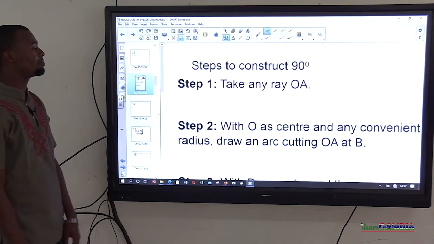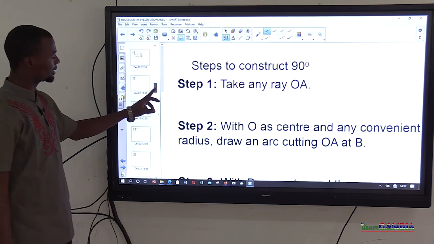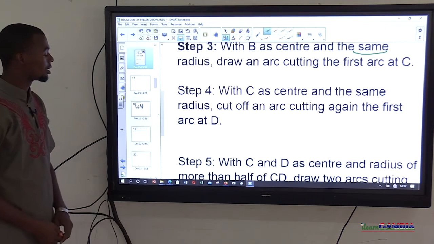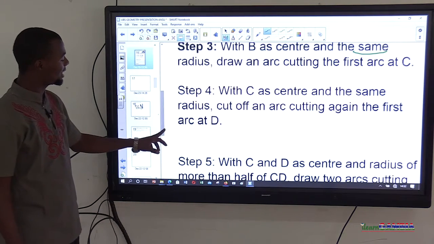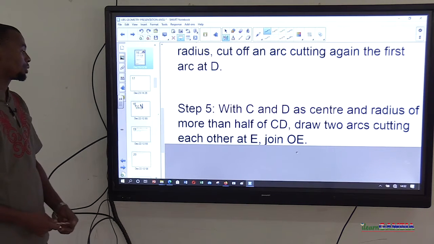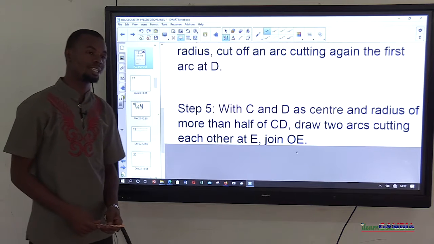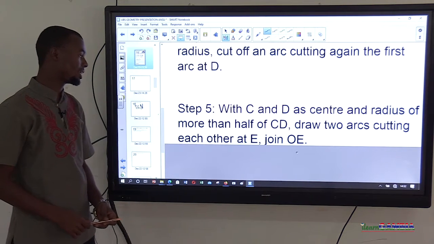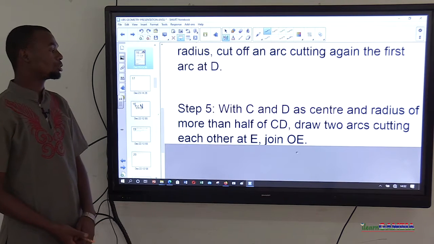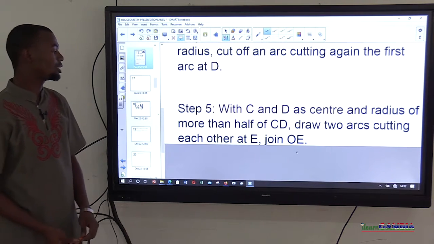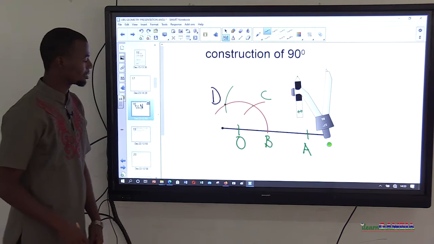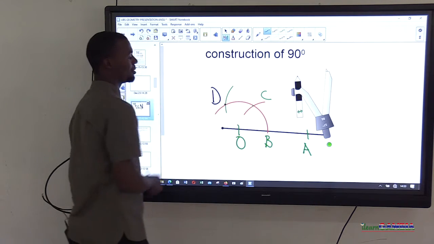We look at the next step. With C and D as centers and radius more than half of CD, draw two arcs cutting each other at E. C and D will be our centers.